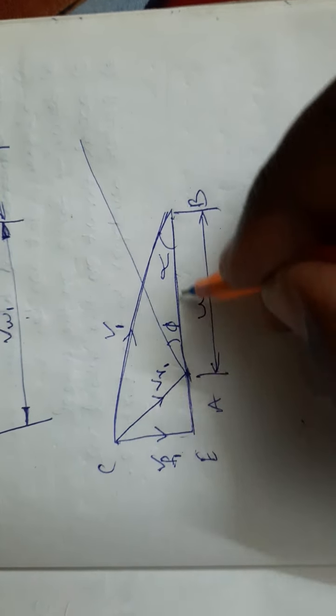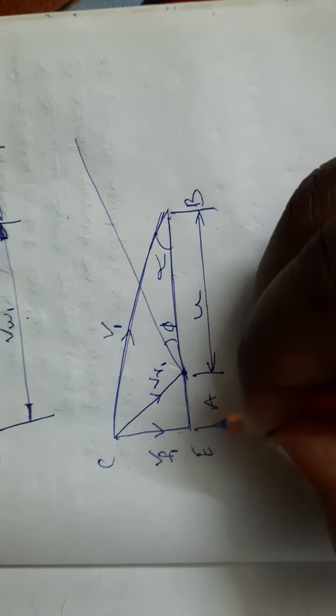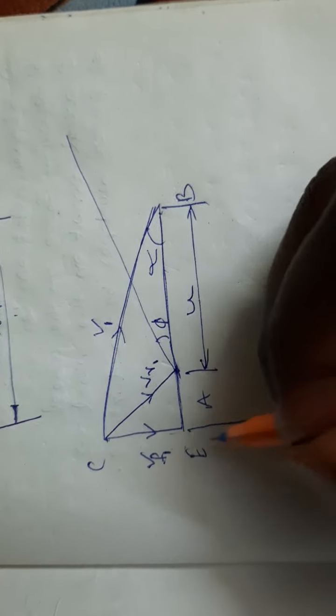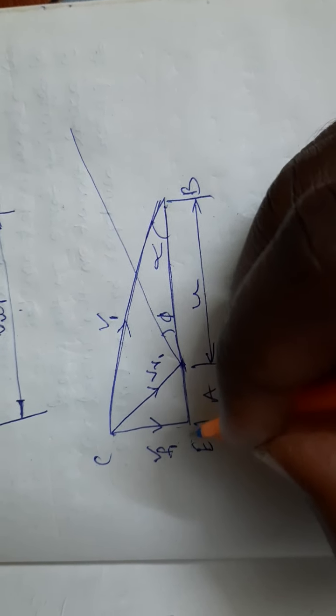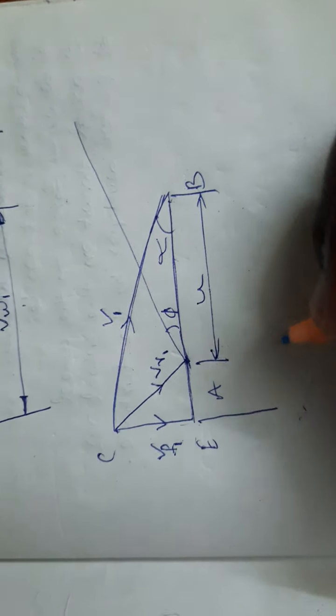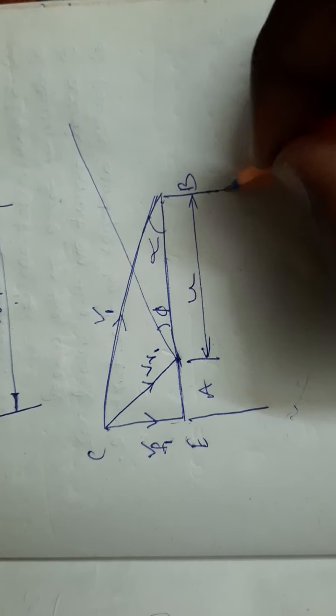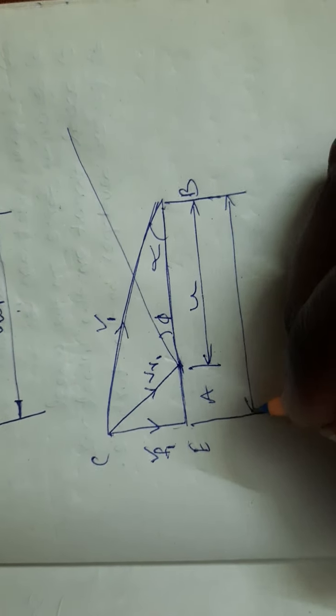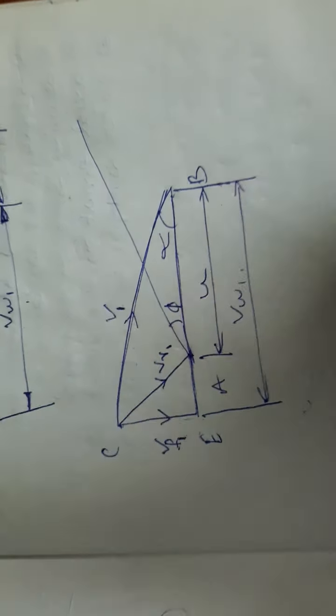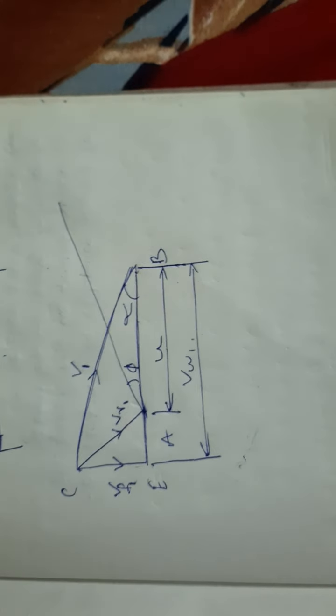Extend the AB line up to E and draw a vertical line from C. So that is the flow velocity, and EB is the whirl velocity at inlet.